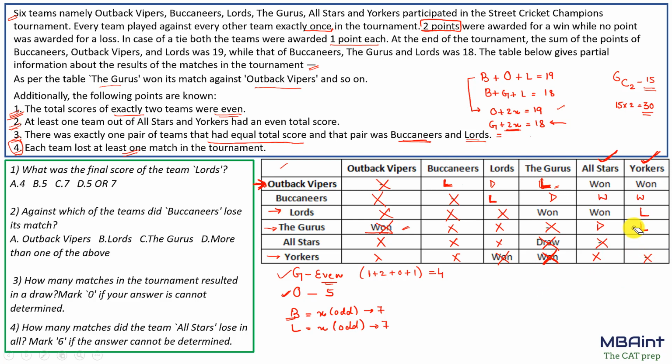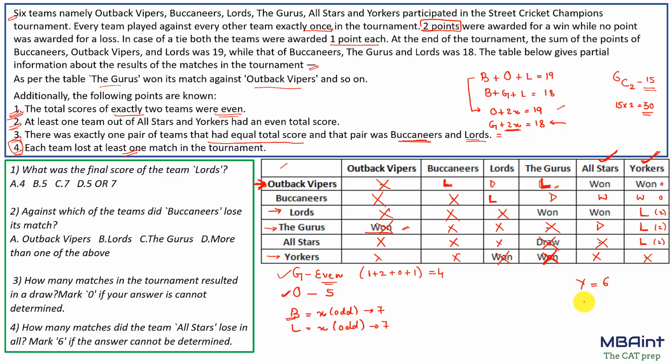Fine. So let's try, if I put L over here, what would be the score of Yorker? So won means 0 as we are seeing along the row. So this is 0. This L for Yorker would mean a win for Yorker. So this would be 2, this would be 2, and again this would be 2. So this would give the score of Yorker as 6.